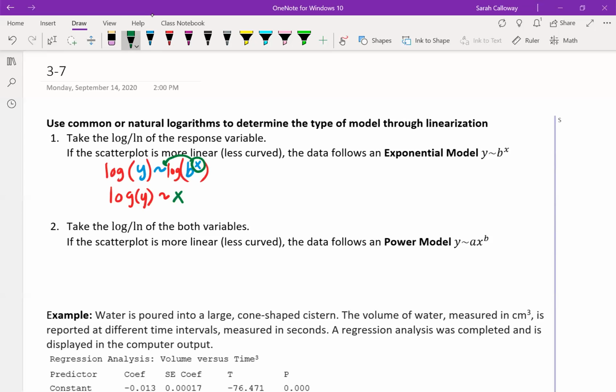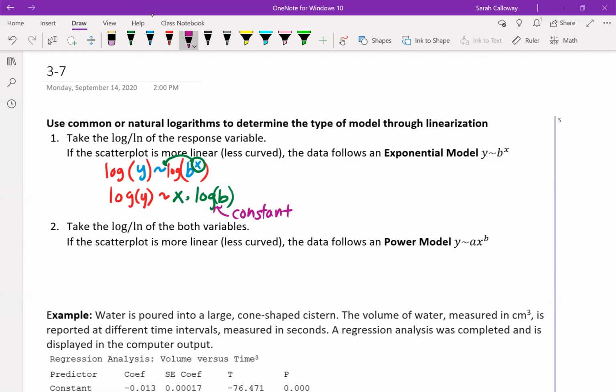So log of y is approximately x times log of b. Note that log of b is just a constant. So ln of y equals x times some constant. That now is a linear function, right? So I have a constant times x equals a function of y. That's why it works: an exponential model becomes linear just by taking the log of y.